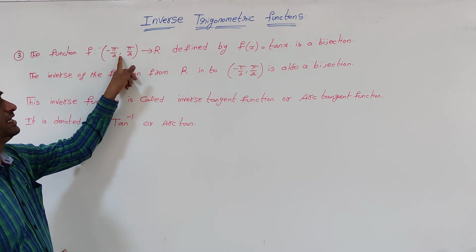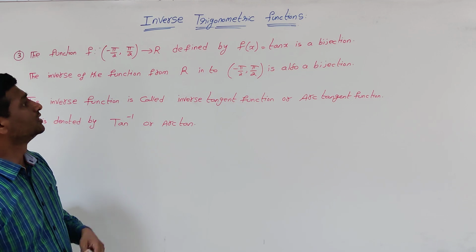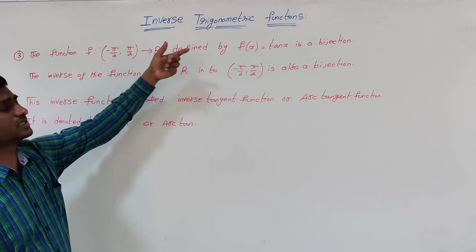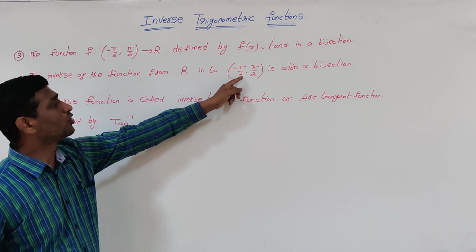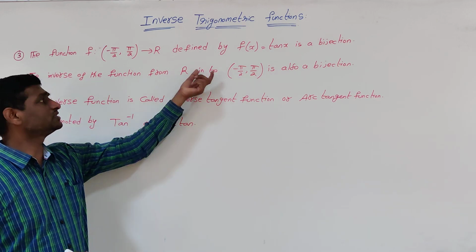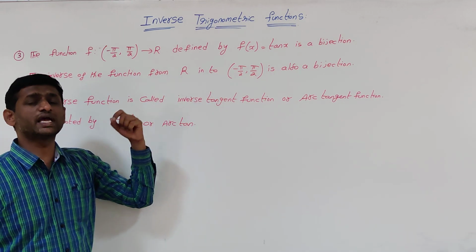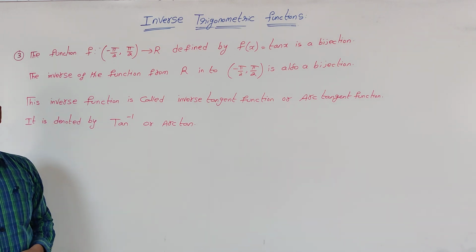Means distinct elements of the domain will have distinct images. If it is both one-one and onto, it is a bijection. Then the inverse function from R to the open interval minus pi by 2 comma pi by 2 is also a bijection. This function is called the inverse tangent function, and it is denoted by tan inverse or arctan.